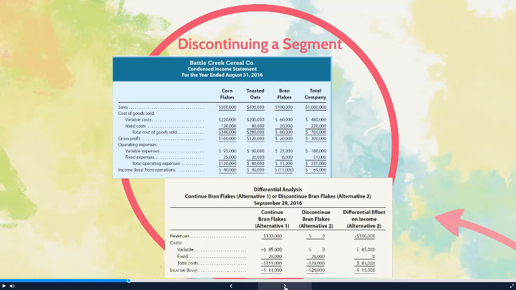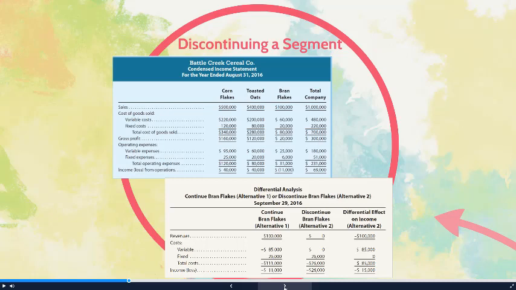Some things to note here are what expenses would we have to continue paying even if we dropped that segment of the business. And typically your fixed expenses would have to continue even if you drop that segment of the business. So in this case, we look and see that our bran flakes have a total fixed cost of $26,000.